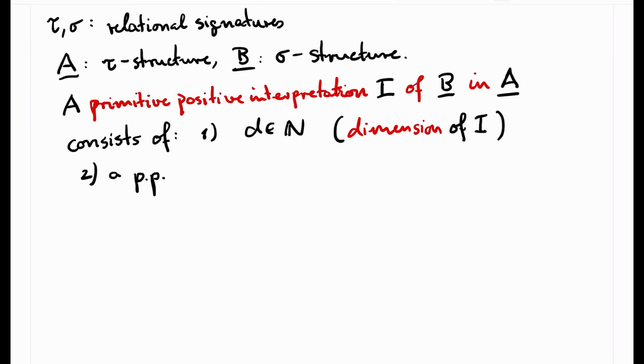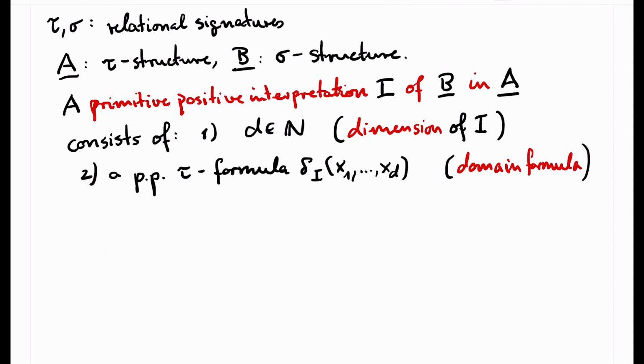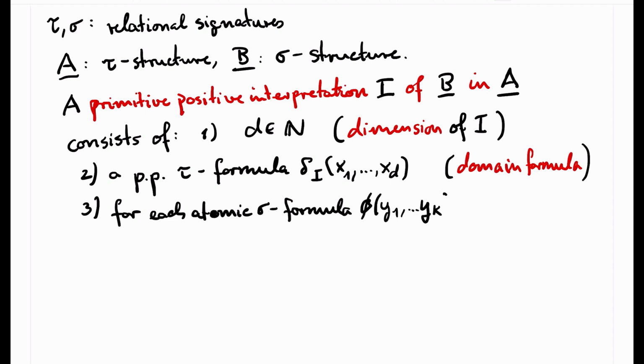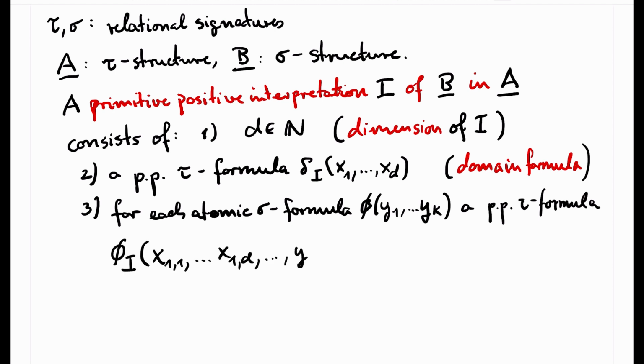Then there must be a primitive positive formula with d free variables in the signature of A that defines in A those d-tuples that we want to use in order to simulate the elements of B. This formula is called the domain formula. In our example, this was the formula that forced the denominator to be at least 1. We also need for each atomic sigma formula phi with k free variables a primitive positive tau formula, phi sub I for interpretation, which has d times k variables.